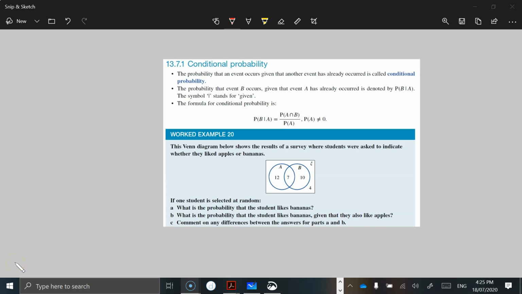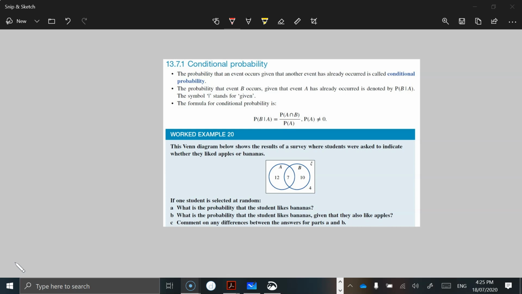Alright guys, welcome back. This is a video on conditional probability, and it is probability based on a condition, okay? And I guess you could say, what is the probability of something occurring given that something else occurred? Or you could rephrase it as, what is the probability of something occurring on the condition of something else happening?